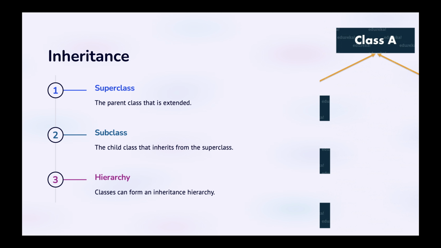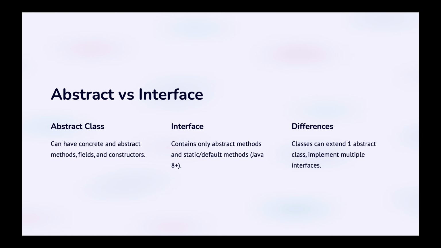Fourth question, what are abstract classes and interfaces? How are they different? Here is the answer. An abstract class is a class that cannot be instantiated and may contain abstract methods. What is an abstract method? A method without implementation. An abstract class holds concrete methods as well.